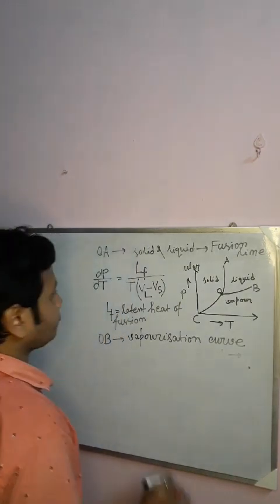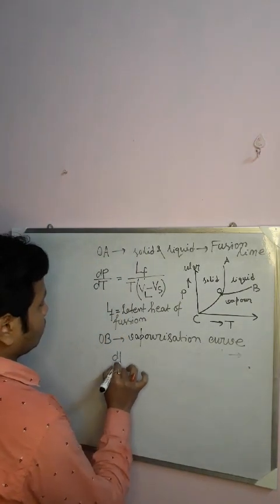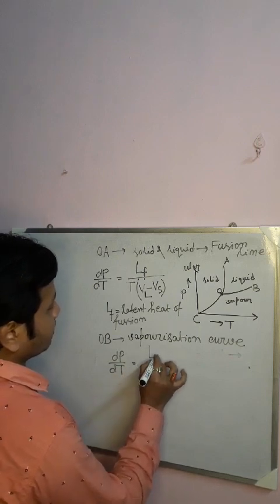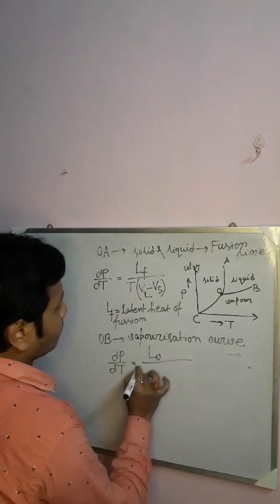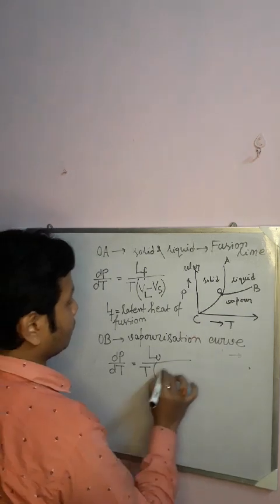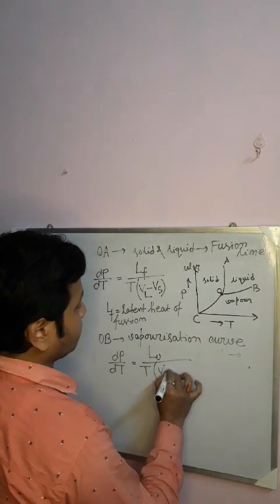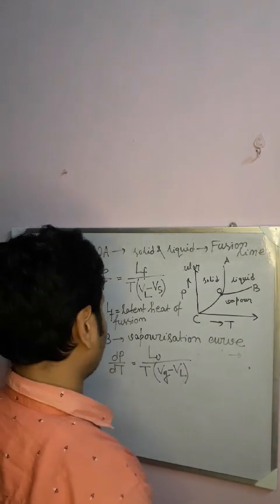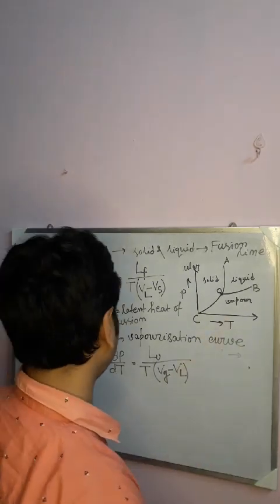In this case the Clausius-Clapeyron equation is dP/dT equals LV, the latent heat of vaporization, divided by T into (Vg minus Vl), the volume of gas minus the volume of liquid. So this represents the vaporization line.